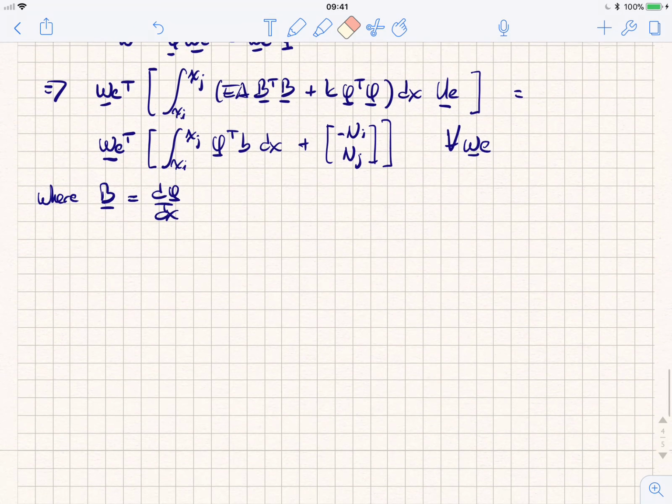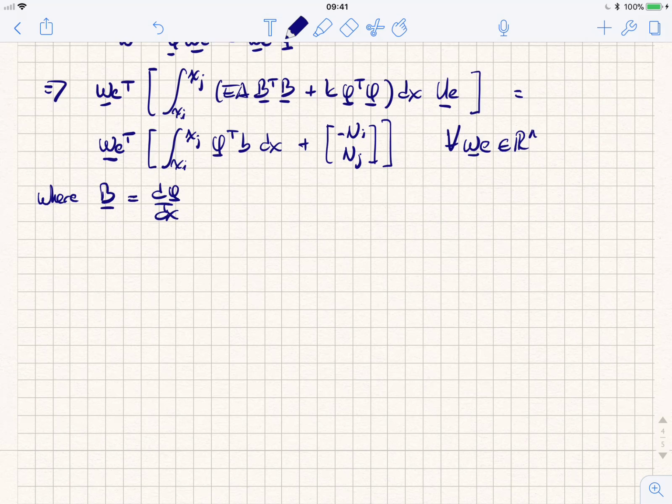And so if you take that equation, if it has to be valid for all vectors, of course this is a vector of finite dimensional size, then basically whatever is in the brackets has to be the same, right?